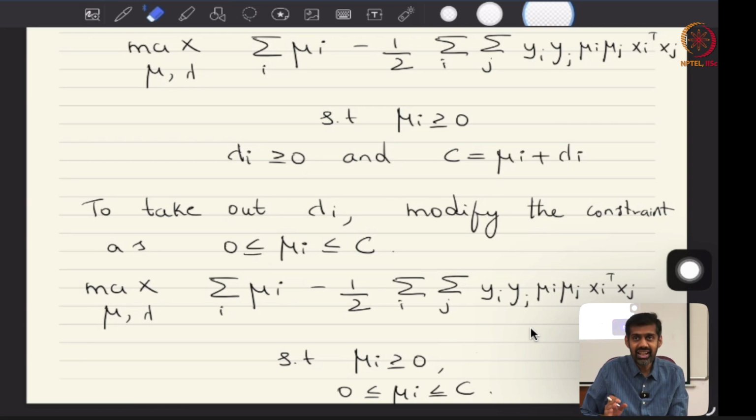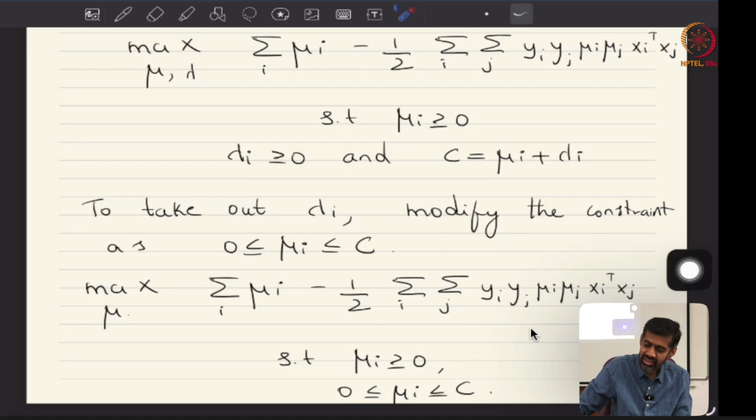Now this is the elegance: finally we are still solving this problem, which is still quadratic in mu with linear constraints on mu. There is only one additional constraint that comes up, that this mu has to be bounded within C, that is it.